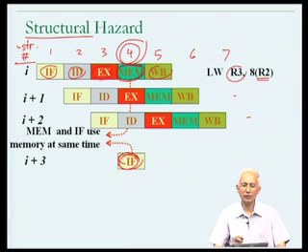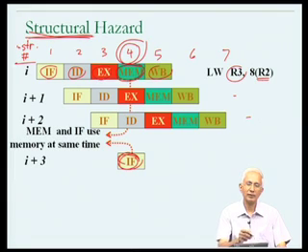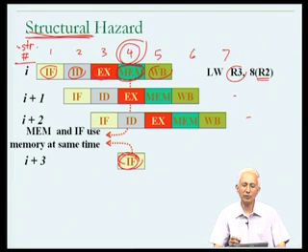And therefore we refer to this as a structural hazard. In cycle number 4, instruction I and instruction I plus 3 both need to use memory or cache, based on our assumptions about how the processor operates. And therefore, this has to be classified as a hazardous situation. The same hardware resource cannot be used by two instructions at the same time.